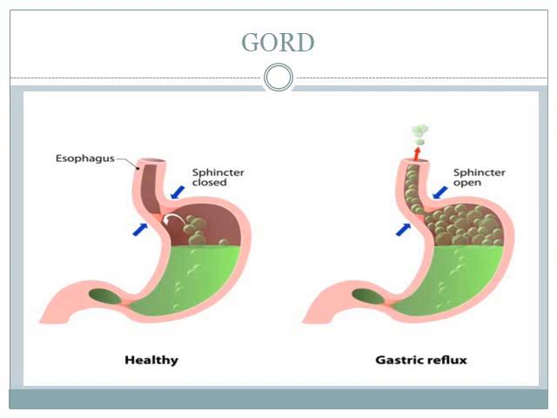As GORD continues to irritate and degrade the lining of the esophagus, it can have further complications. Obviously, an increase in destruction and alteration can lead to a condition known as Barrett's esophagus.